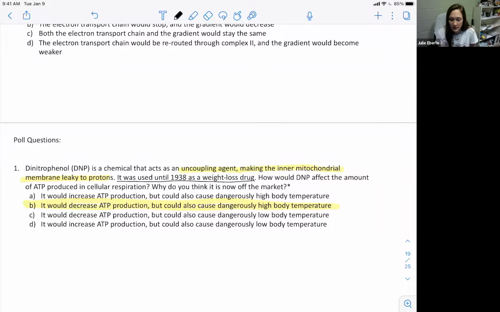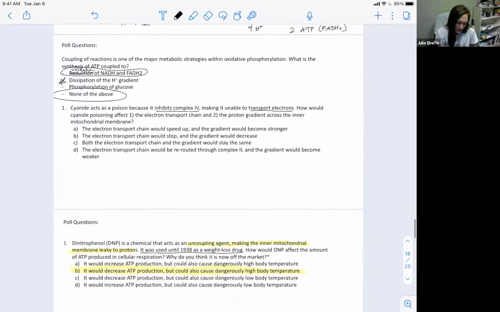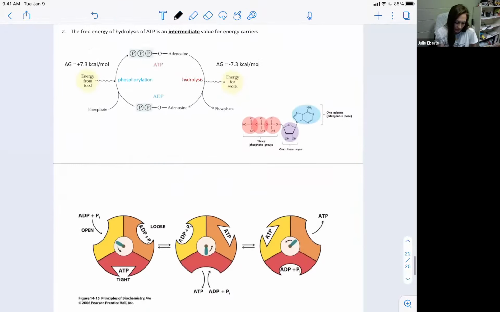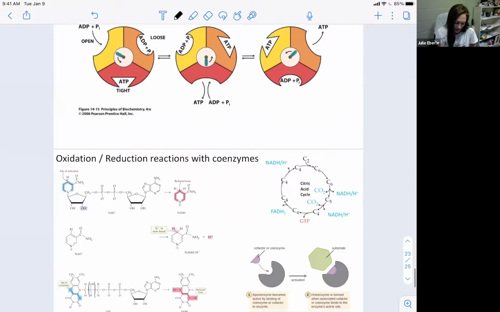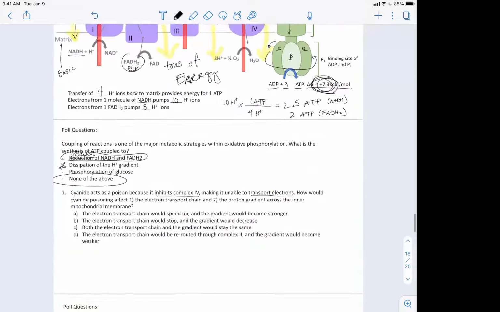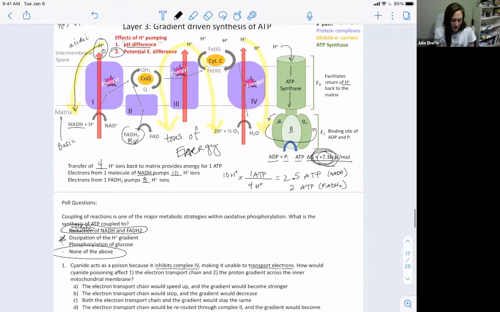It's got a lot of helpful figures, and other figures that I don't even have time to put on here. If I sent you the PDF yesterday, don't worry about all these excess slides. I'm not going to be asking any questions about these. I realized I probably sent y'all that yesterday, but we're stopping here.